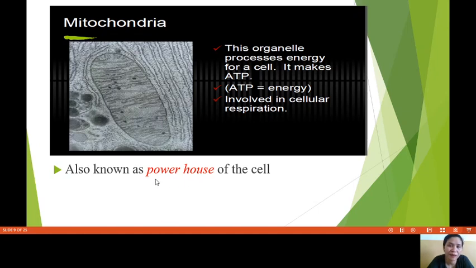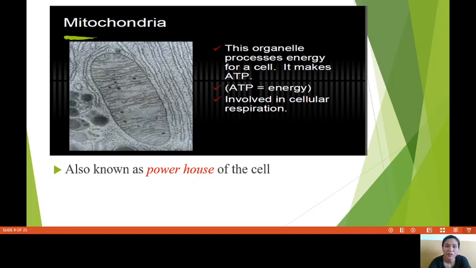Why? Why do you think? This organelle is involved in cellular respiration. Cellular respiration is a process wherein the nutrients are converted into ATP or energy.